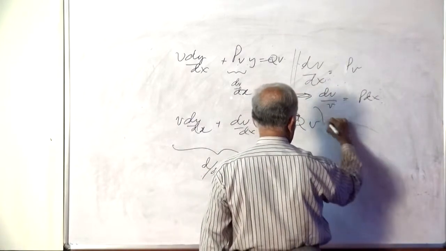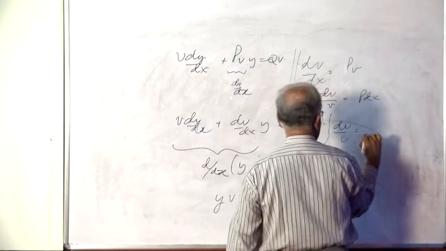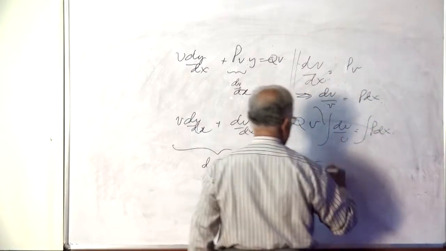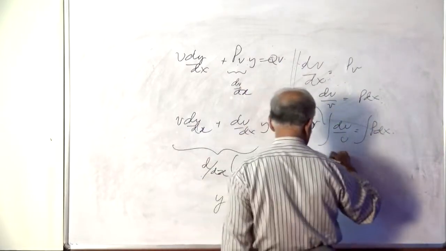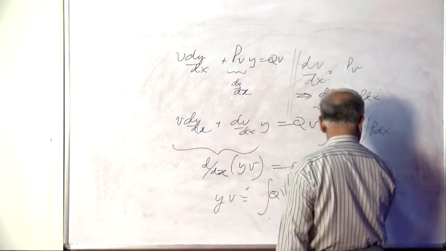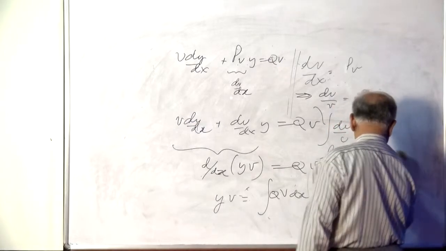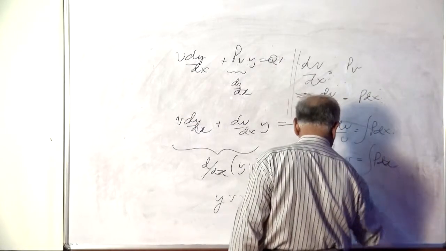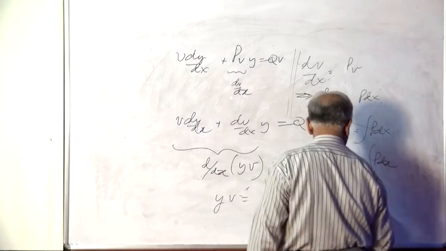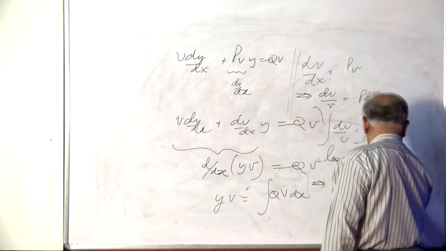In other words, integral dV by V is equal to integral P dx. Now dV by V is nothing but log_e V, and that is equal to integral P dx. In other words, this implies that my function V that I am looking for is nothing but e to the power of integral P dx.